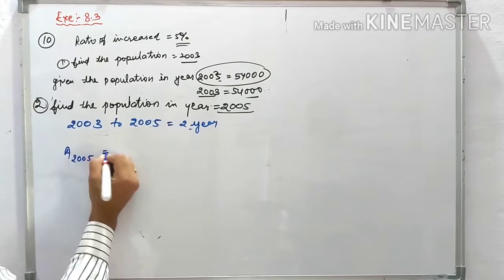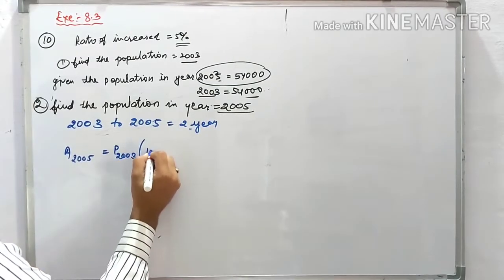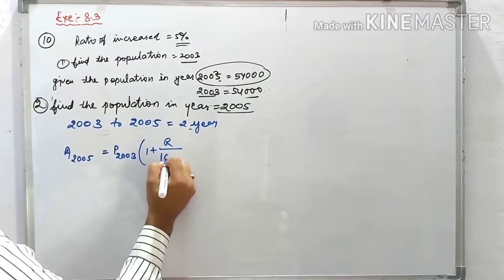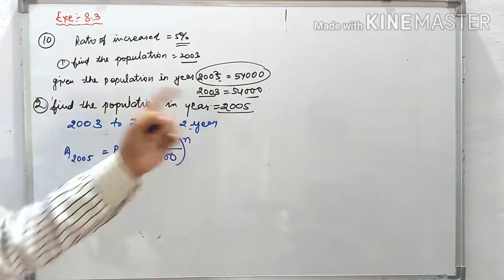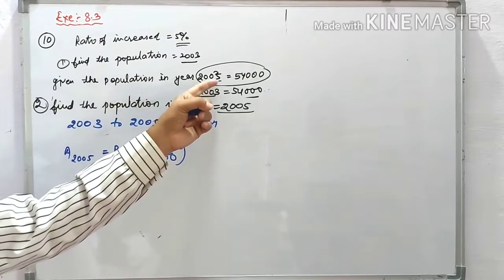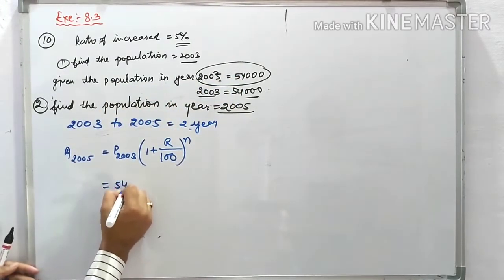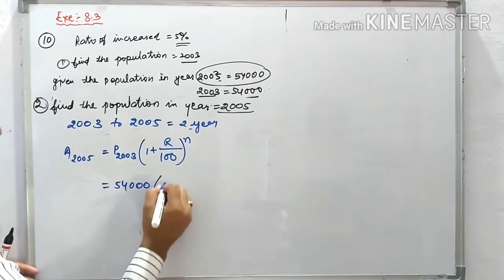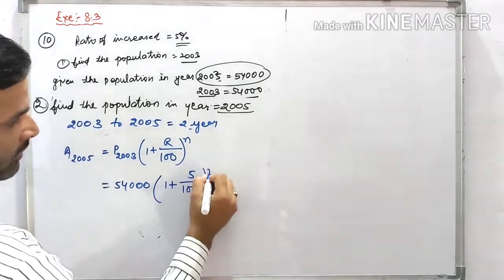The amount A for 2005 is equal to P(2003) times (1 plus R upon 100) to the power of n. The amount is the population of 2005, and P is given, the population of 2003, which is 54,000. Now put in the values: 54,000 times (1 plus 5 upon 100) to the power of n.